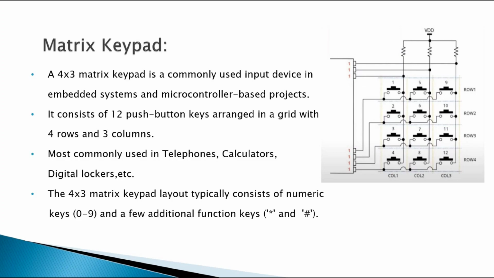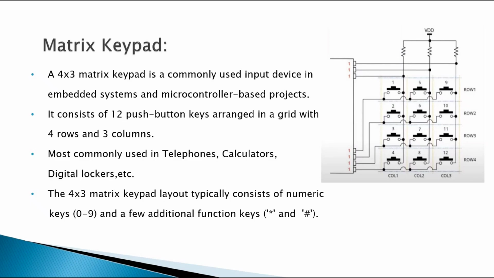Most commonly used in telephones, calculators, digital lockers, etc. The 4x3 matrix keypad layout typically consists of numeric keys 0 to 9 and a few additional function keys, which are asterisk and hash. The rows are connected to output ports and columns are connected to input ports.